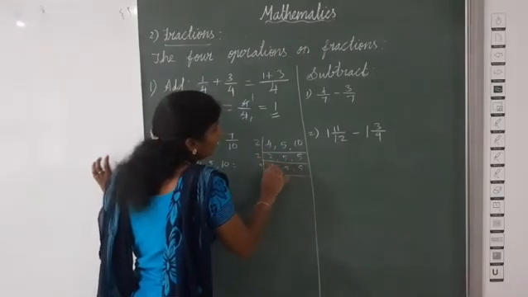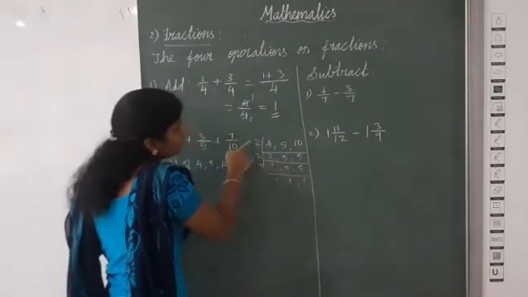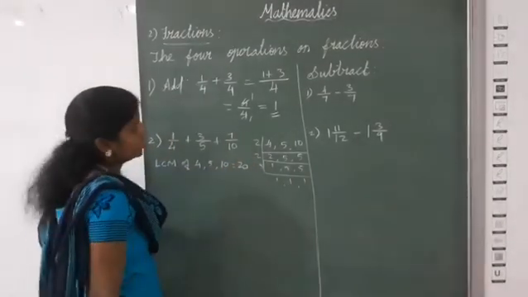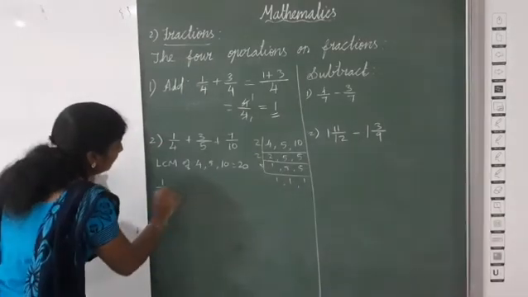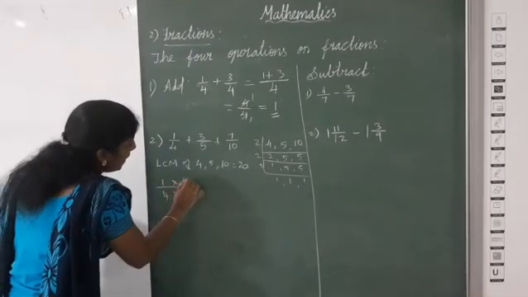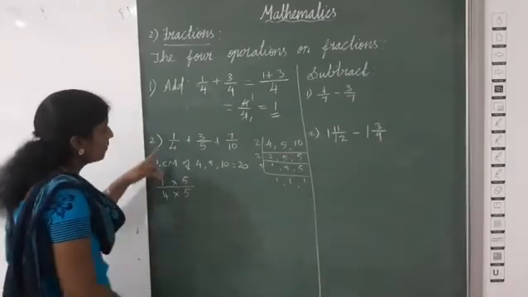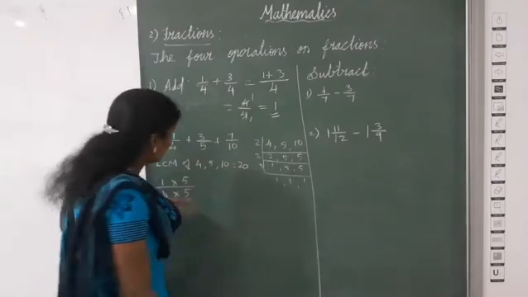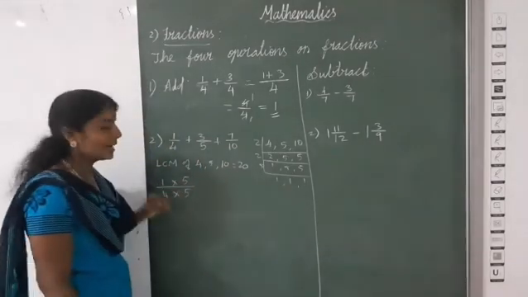Again 5 table 1, 1, 1. 2 2s are 4, 4 5s are 20. What is the LCM? 20. Now we take 1 by 4. 20 divided by 4 is equal to 5, so we multiply by 5 in the numerator and the denominator.